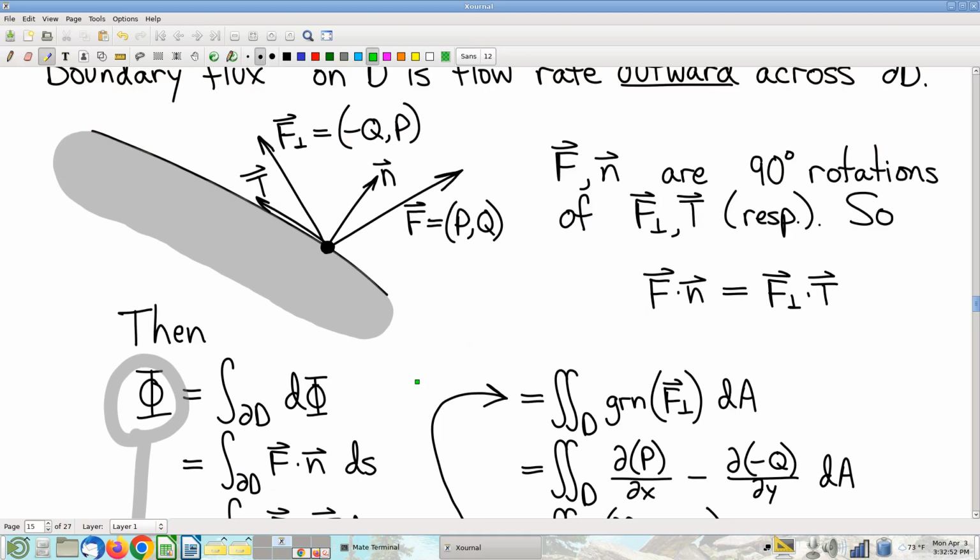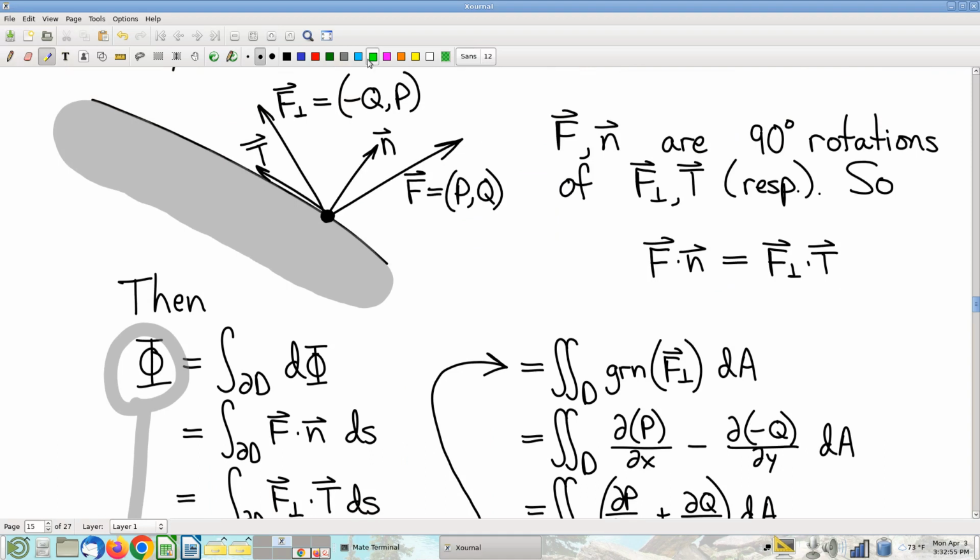What are we going to do with Green's operator here? Well, we have a formula for Green's operator. Green's operator is the x partial of the second component minus the y partial of the first component. Now, we usually phrase that as dq dx minus dp dy, but that's the confusion of variables situation. That's if your vector field is p comma q.